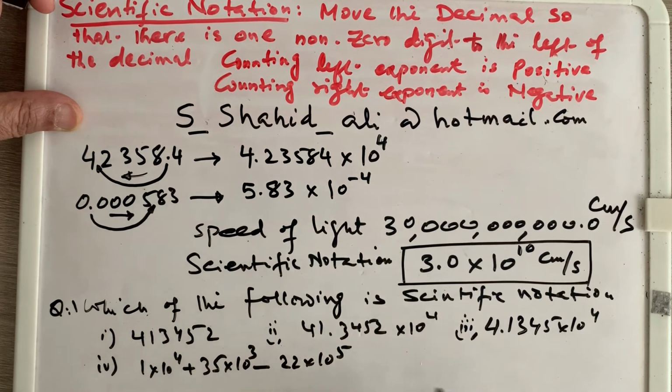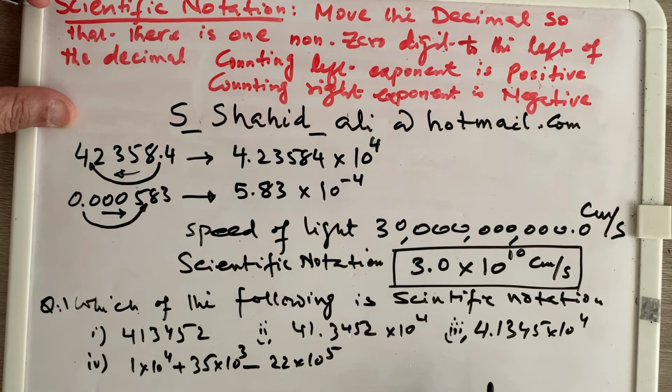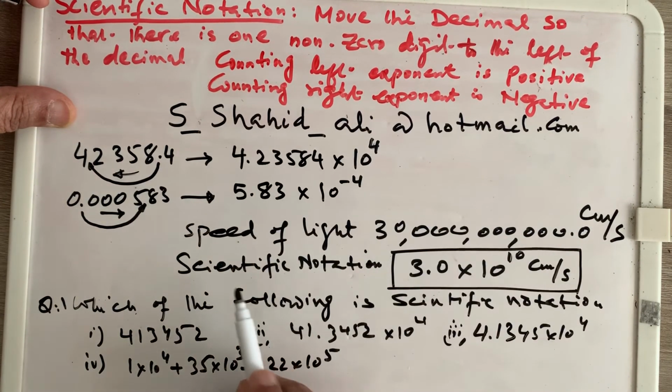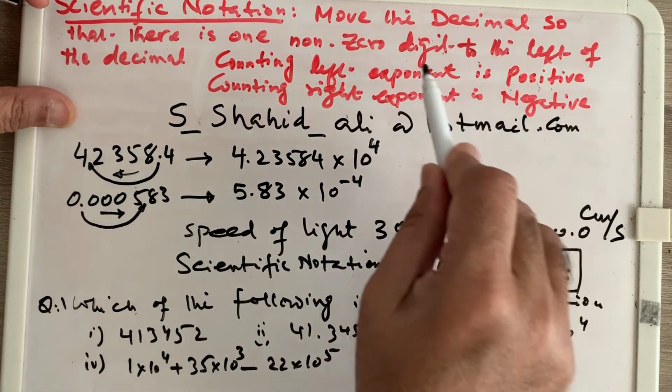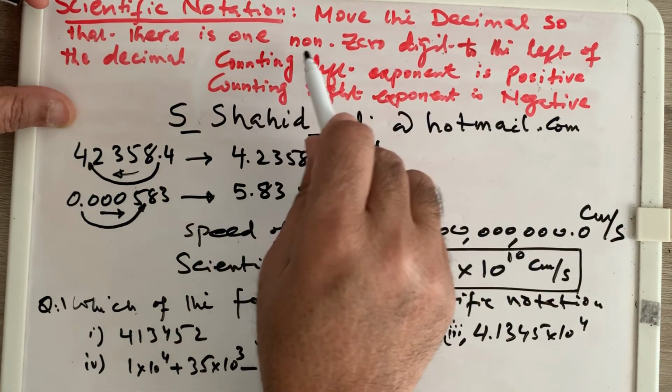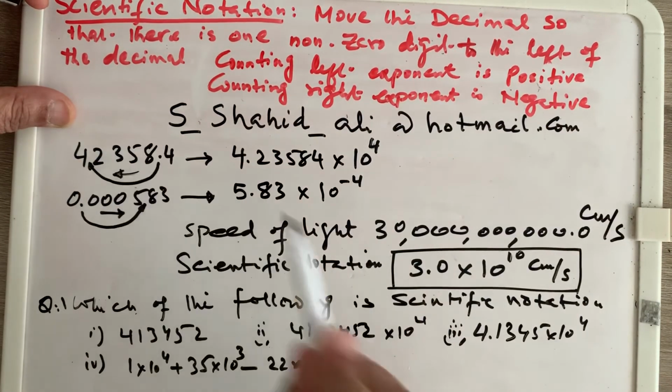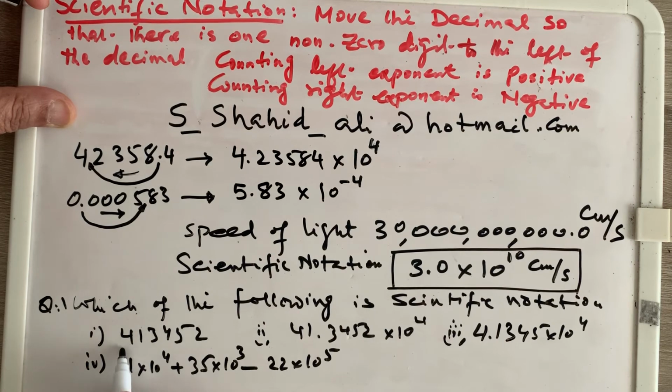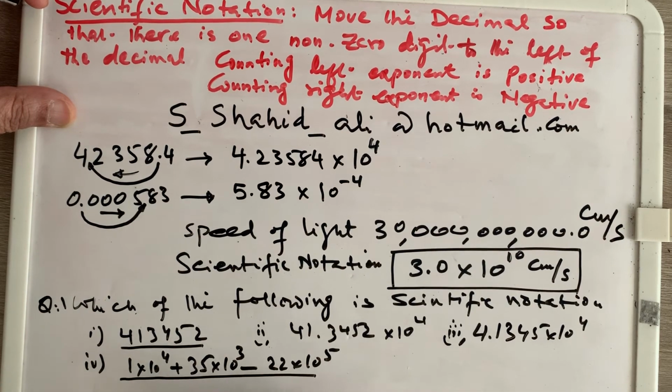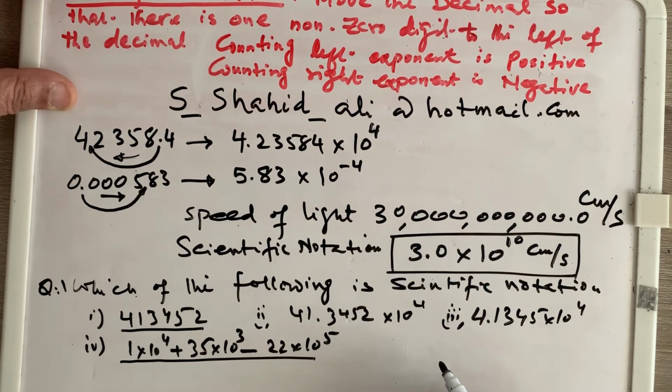So we have to use now our knowledge of what we learned here, and what we said, that there must be one non-zero digit to the left of the decimal. So this is not a scientific notation. This is not a scientific notation. This is a big number, but we can simplify it to something scientific.